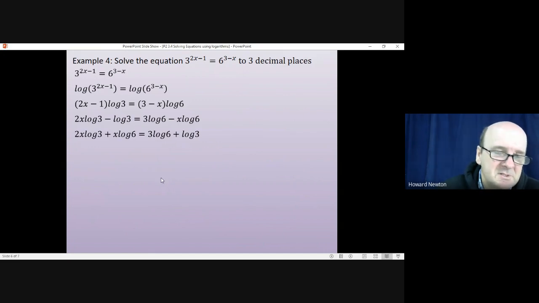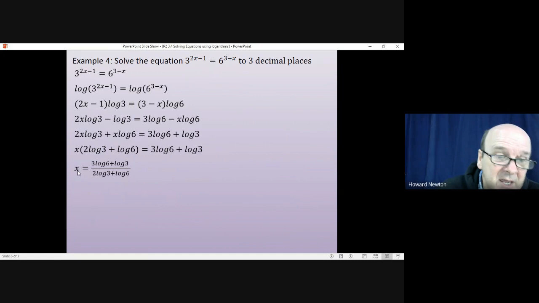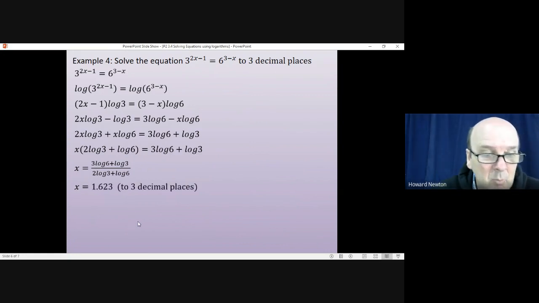And the reason for doing that is we can then factorize the left-hand side, which gives us x into 2 log 3 plus log 6 is equal to 3 log 6 plus log 3. And now we can divide by the whole of this bracket, which does give us x. So x is equal to all of this divided by all of that. And the whole thing you can just put into your calculator. And when you do that, you'll get x equals 1.623 to 3 decimal places.